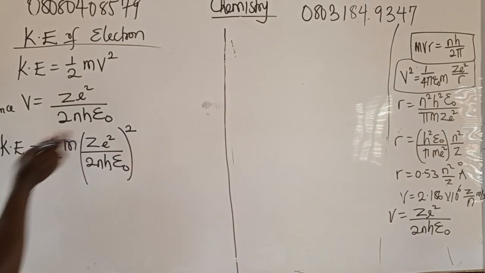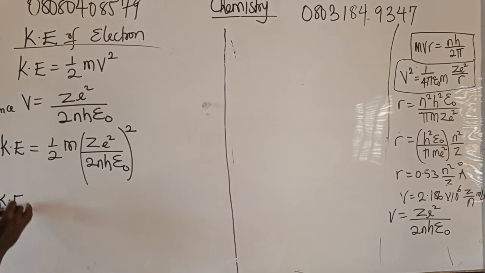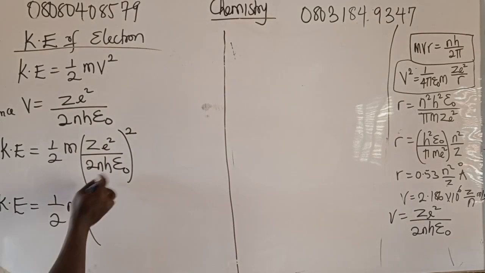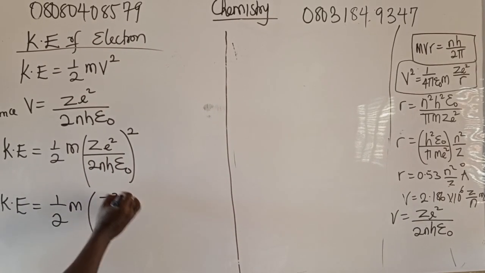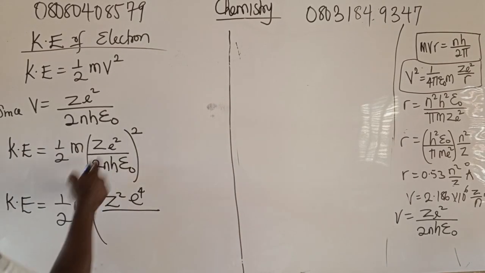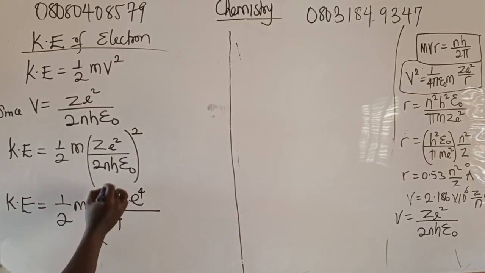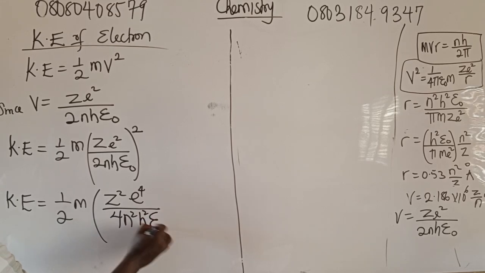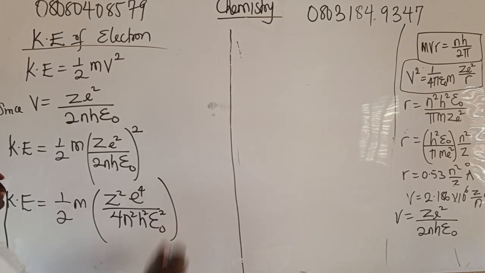Then do the mathematics here. I have kinetic energy equal to half m times Z squared e raised to power 4 over 2 raised to power 2, which gives 4, n squared h squared epsilon naught squared.